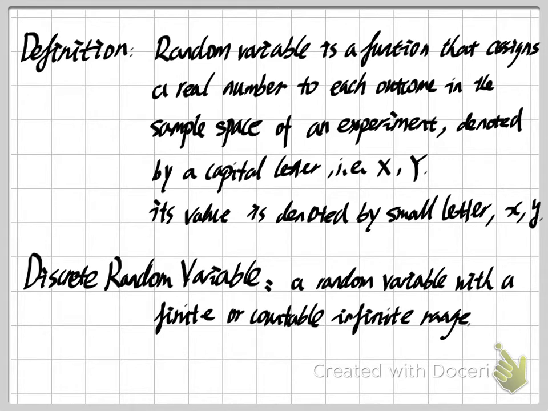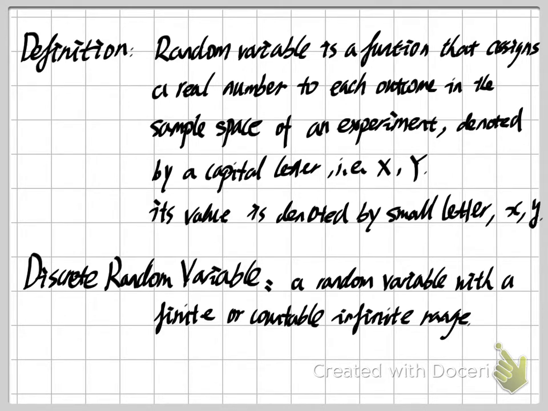That means if we have a finite sample space or something we can list, so we can list the outcomes in a sample space, this is a discrete sample space. So the discrete random variable is based on this type of sample space. In other words, this random variable will have a finite or countably infinite range.